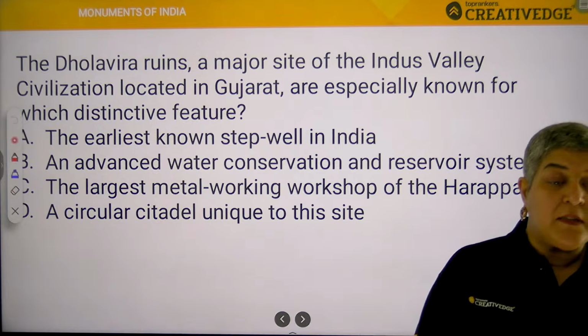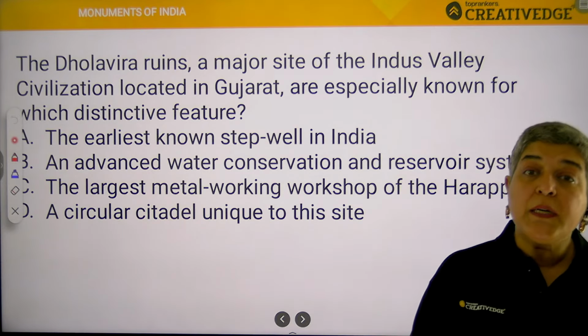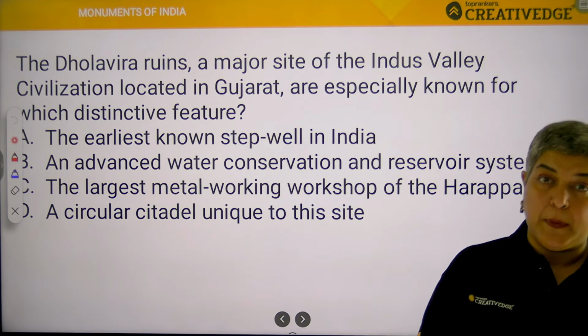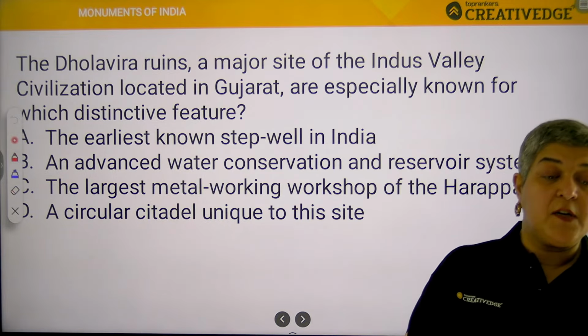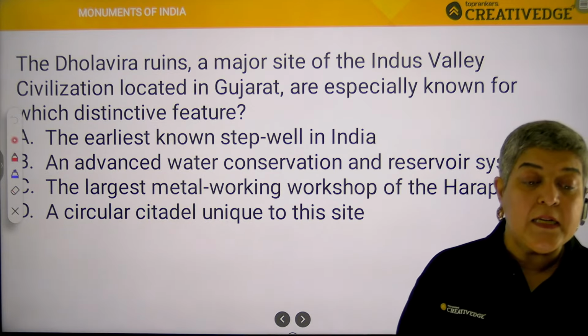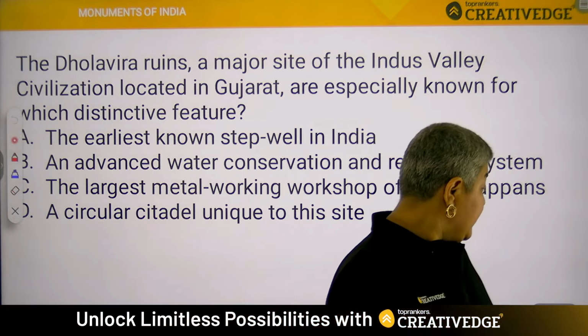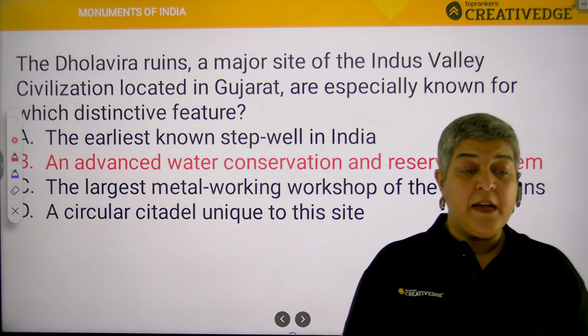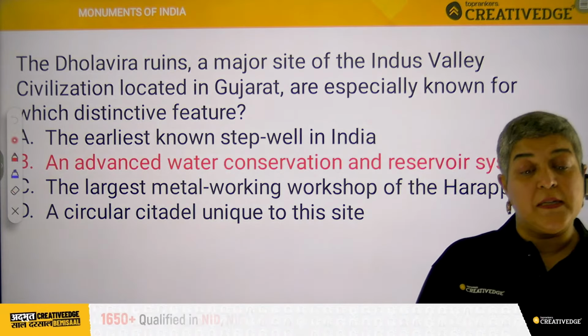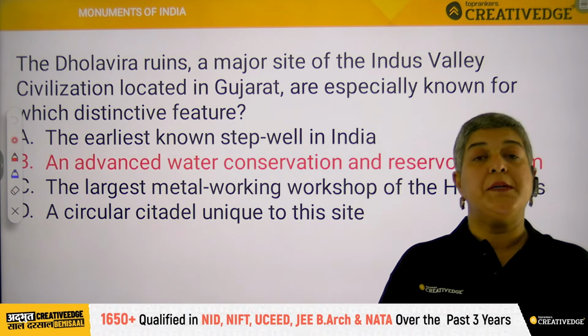They have the largest metal working workshop of the Harappa, or they have a circular citadel unique to the site. So the correct answer to this, people, is that they have an advanced water conservation and reservoir system.